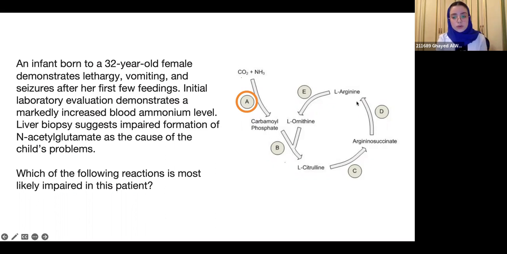So arginine would be needed for the enzyme that makes N-acetylglutamate, right? But if we don't have N-acetylglutamate, then that affects the first step, because N-acetylglutamate is not involved in this reaction over here. It's only involved in step 1. If that didn't make sense, we can go over it again.